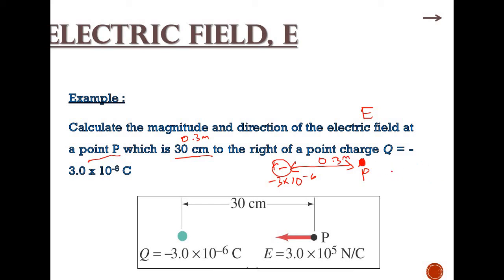So E equals kQ over r squared, and for Q you need to take the modulus.